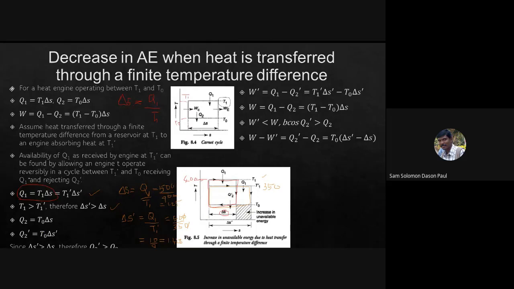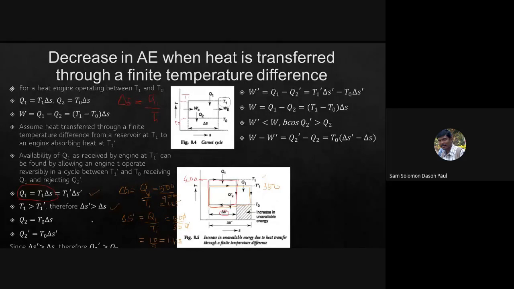This is for the heat supplied region. But the sink is going to be at T naught. So your Q2 is going to be T naught into delta S for the first cycle. For the second cycle, the orange cycle, your Q2 dash is T naught into delta S dash.